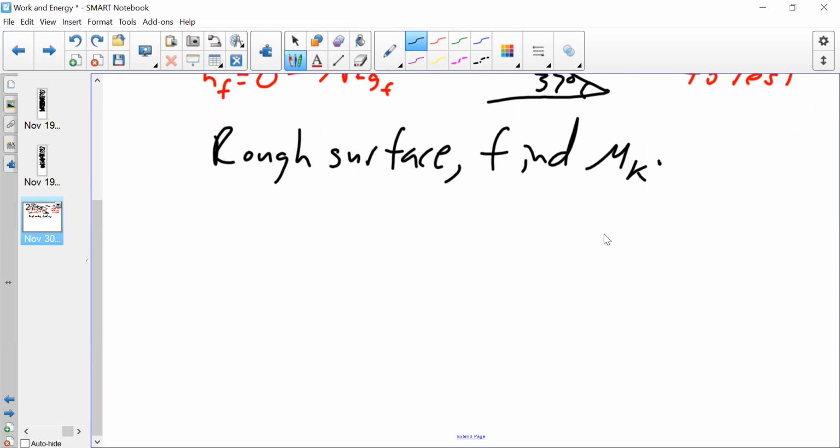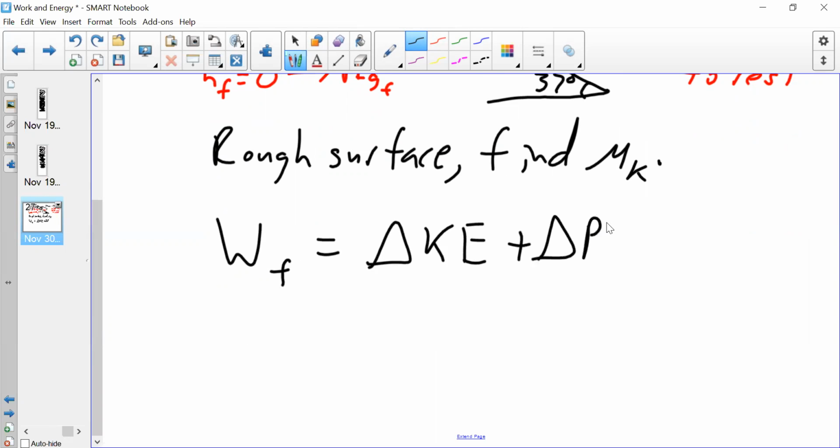So work done by friction is going to be equal to change in kinetic energy plus change in gravitational energy plus change in spring energy. Since it starts and stops at rest, the change in kinetic energy is 0.